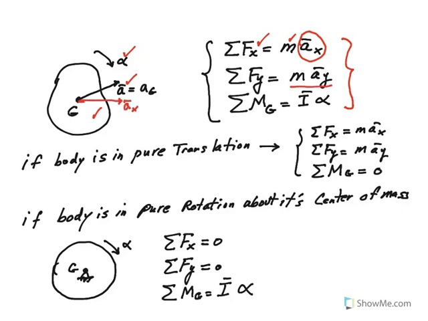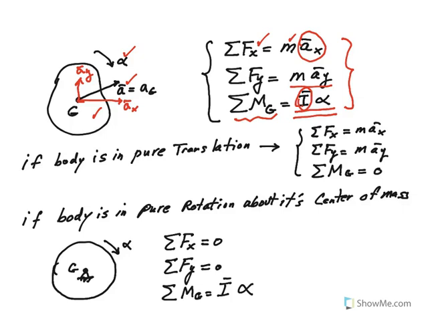Similarly in the y direction, same thing, so we have to use a bar y. And then if you take moments, or the torque, that is equal to I bar alpha. And as I said, I'll have a video reviewing this property known as mass moment of inertia.